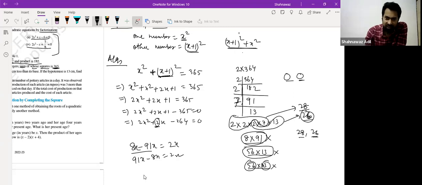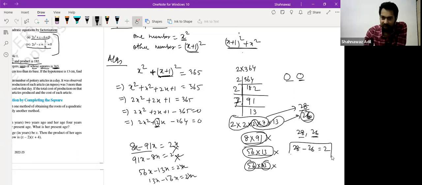Or 56 and 13, can we get 2x from 13x minus 56x? And if we take 28 minus 26, this would be 2, right?